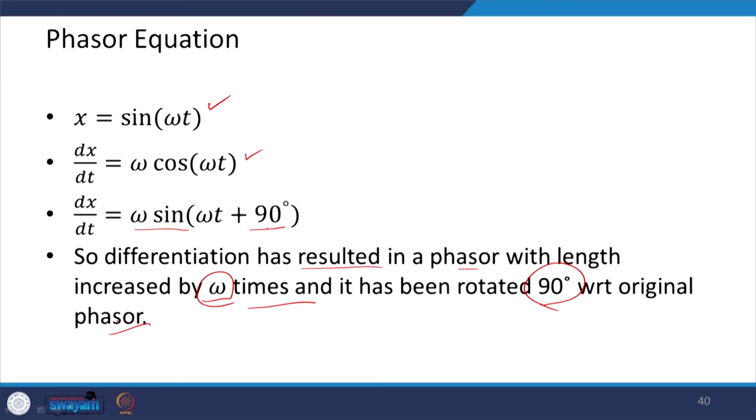The first derivative is omega cos omega t, and this I can write as omega sin of omega t plus 90 degrees. What has happened is that the differentiation has resulted in a phasor with length increased by omega times, and it has been rotated 90 degrees with respect to the original phasor.